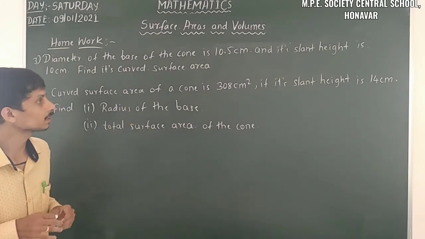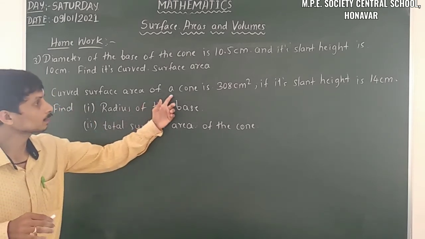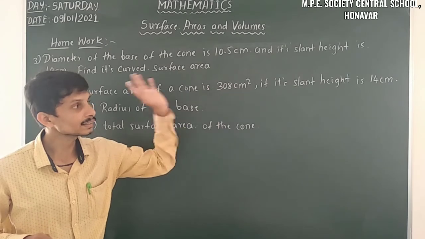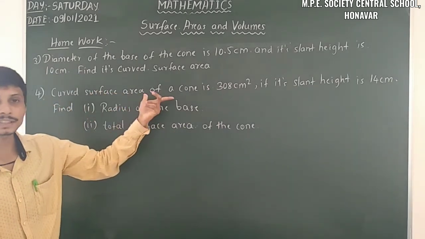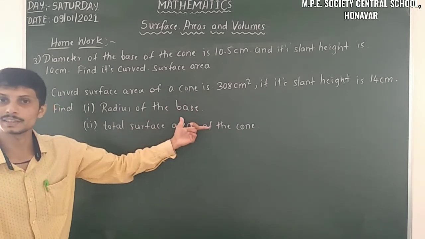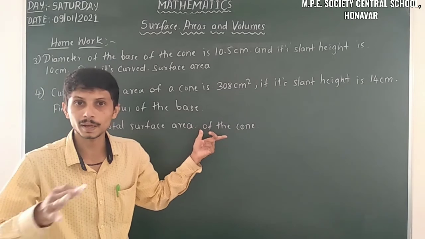The curved surface area of a cone is 308 centimeter square, and the slant height is given as 14 centimeter. When we have the curved surface area and the slant height, we have to find out the radius of the base. We can easily find it using the curved surface area formula, pi RL.